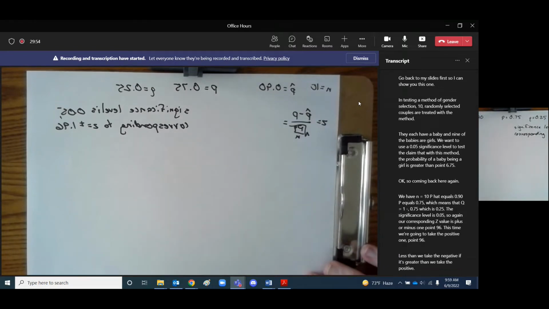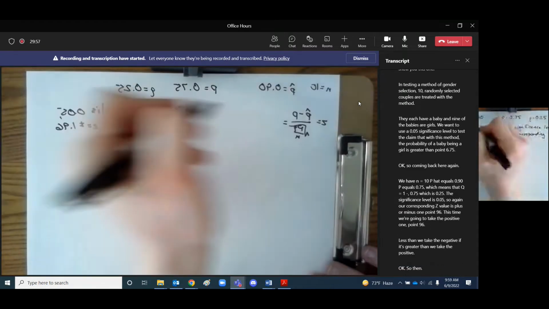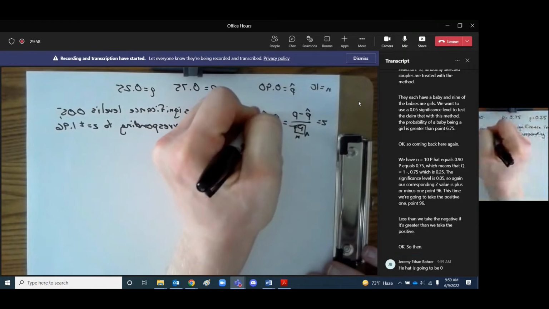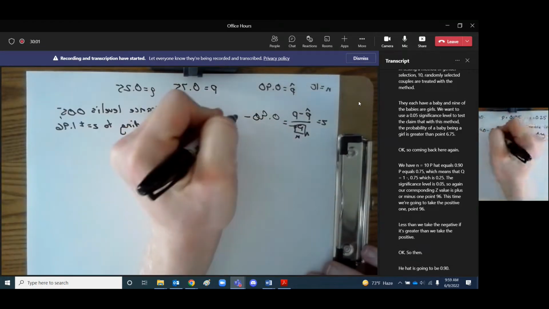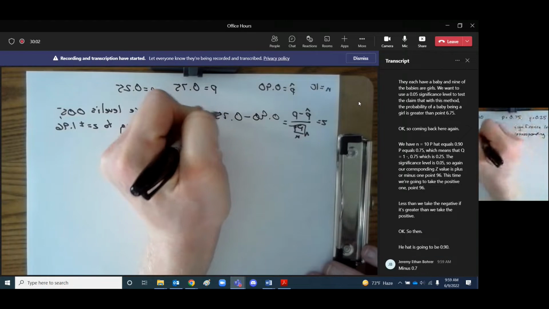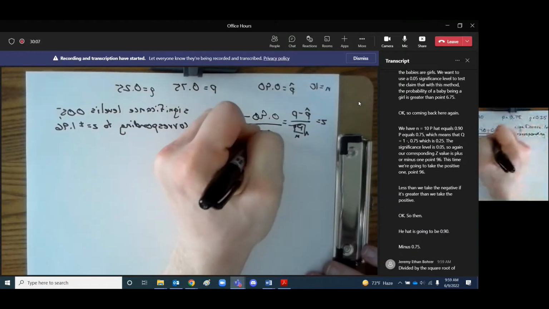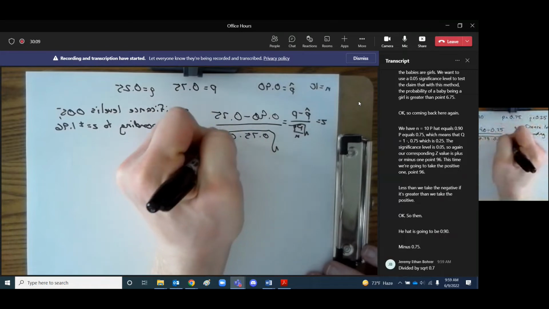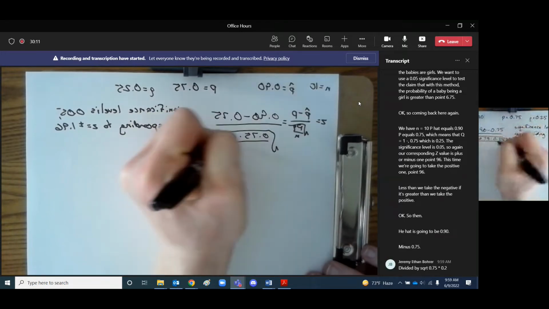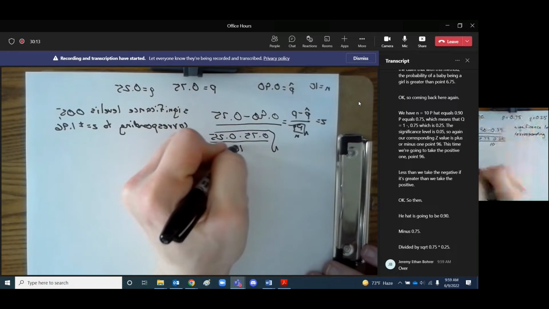Okay, so then z is going to be 0.90 minus 0.75 divided by the square root of 0.75 times 0.25 over 10.